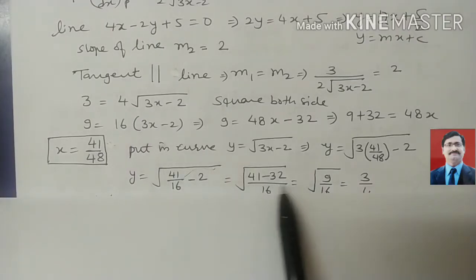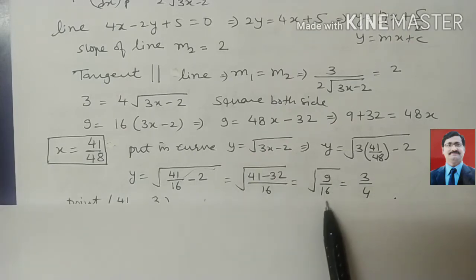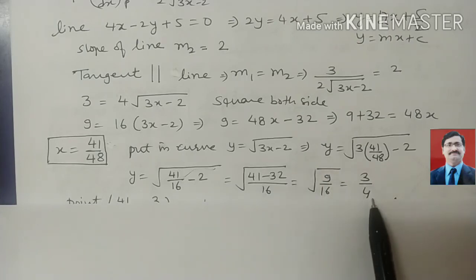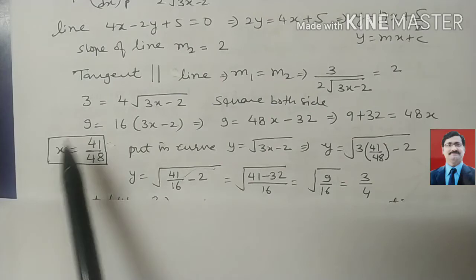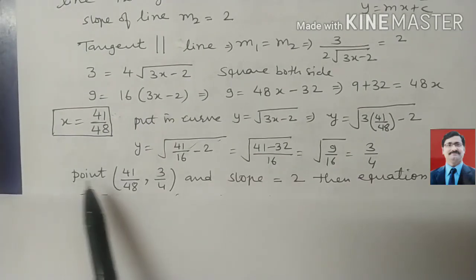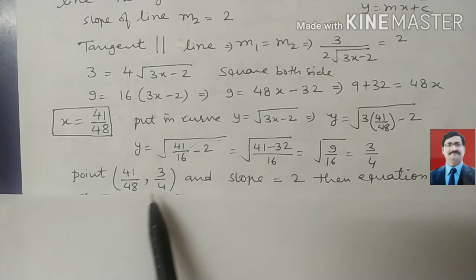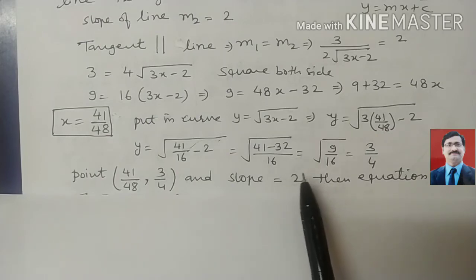Now take the LCM, so we get root of (41 minus 32) upon 16. So 41 minus 32 is 9 upon 16 under the root, that will be 3 by 4. So the value of y we get is 3 by 4 and the value of x is 41 by 48. This is the point we get on the curve, 41 by 48 and 3 by 4. And the slope, we already said, is 2.